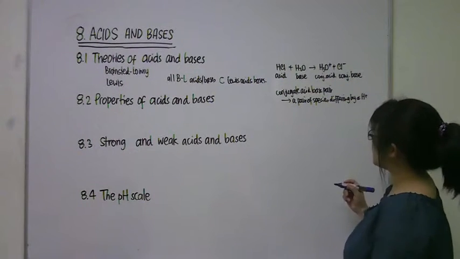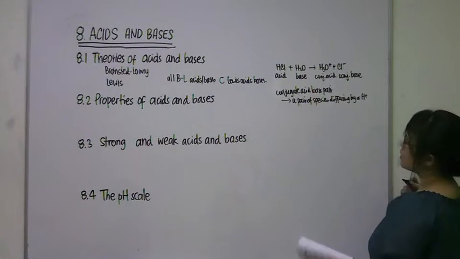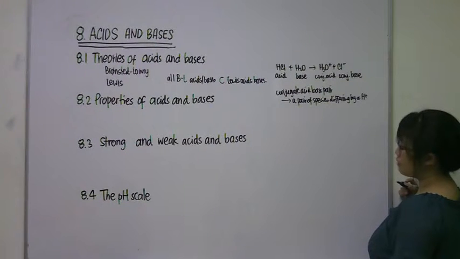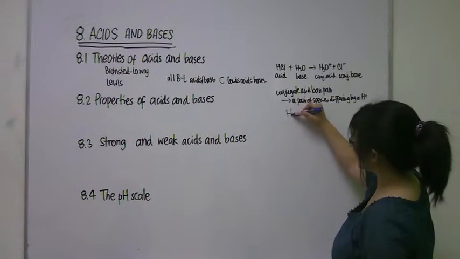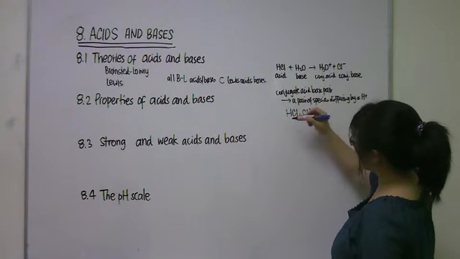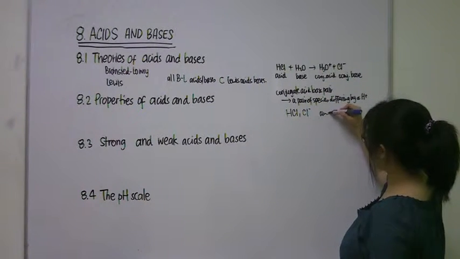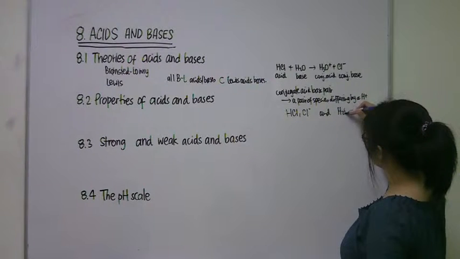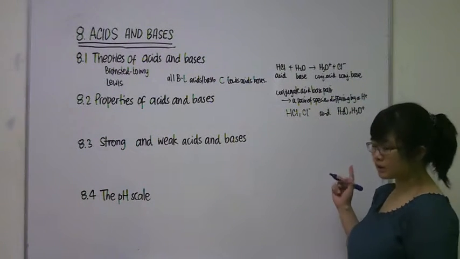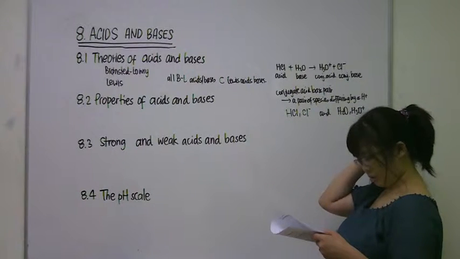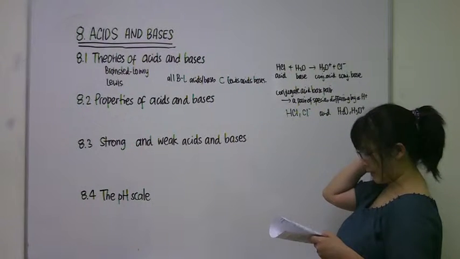So in this reaction, if you are asked to identify two conjugate acid-base pairs, you can say it's HCl and Cl minus. This is one pair, and another pair will be H2O and H3O plus. This should be something new to your students, so you can just let them know.